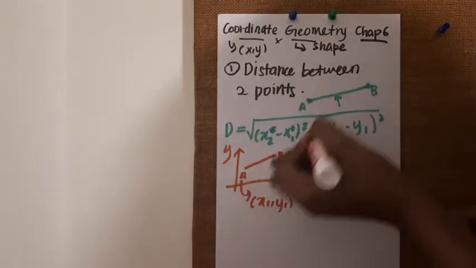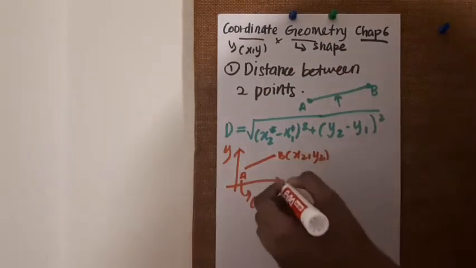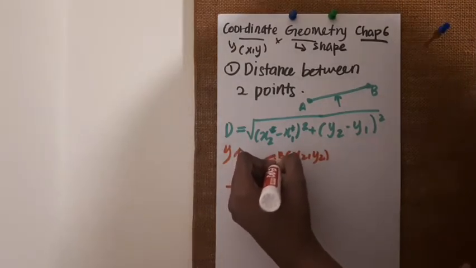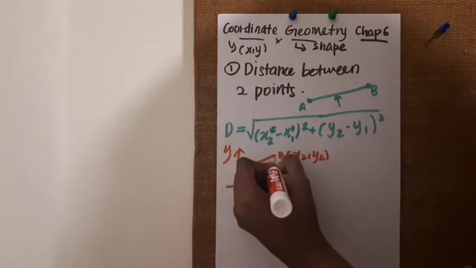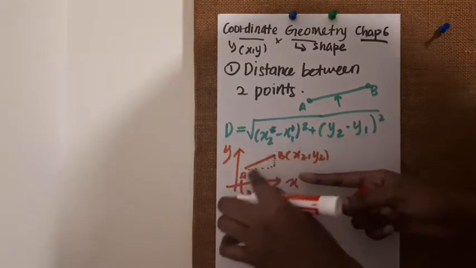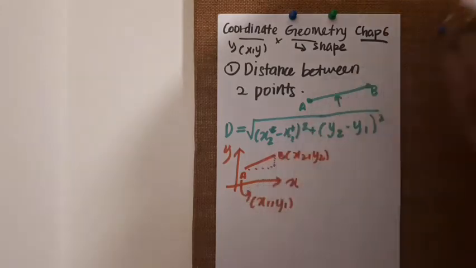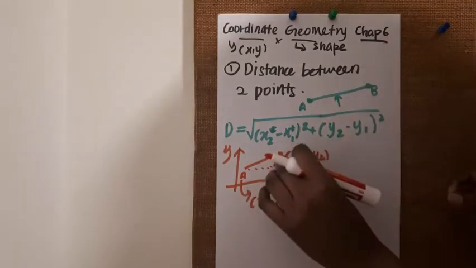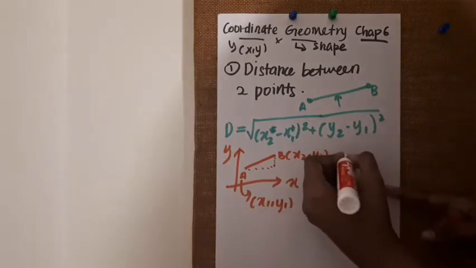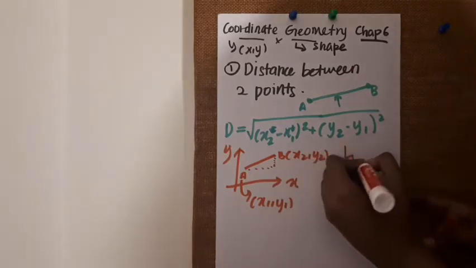But how did we get to this formula? If you have a straight line, and you construct dotted lines to make a triangle out of the straight line, you will realize that this forms a right angle triangle.